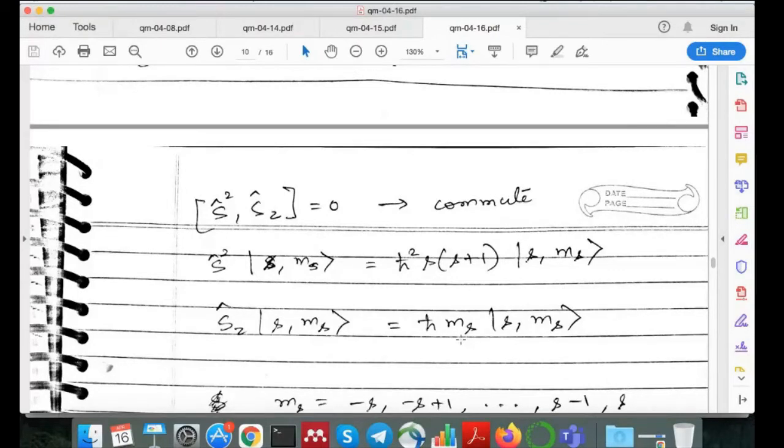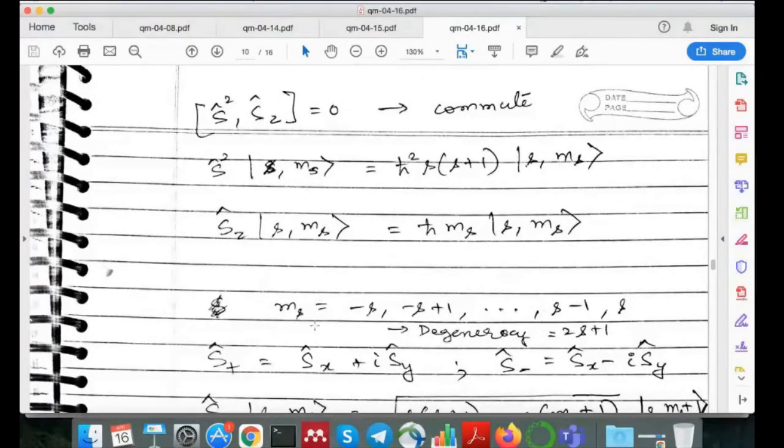There is a difference between m and ms. m is the magnetic quantum number for the orbital angular momentum, and ms is the magnetic quantum number for the spin angular momentum. So there is a difference between these two. The Sz operator acting on the wave function gives you the eigenvalue ħ ms times the wave function.